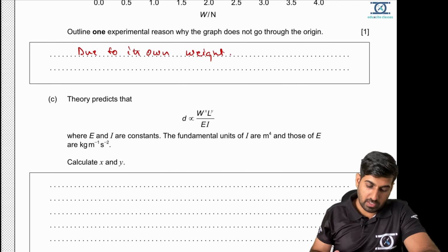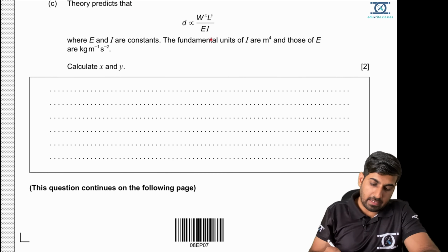Okay, so we can say this might be due to its own weight, as it is of 1 mark, that might be enough. Now the theory predicts that the deflection is proportional to W raised to power x, L raised to power y, divided by E into I, where E and I are constants, and the fundamental units of I is meter raised to power 4 and those of E is given to us. Now we have to calculate the values of x and y.